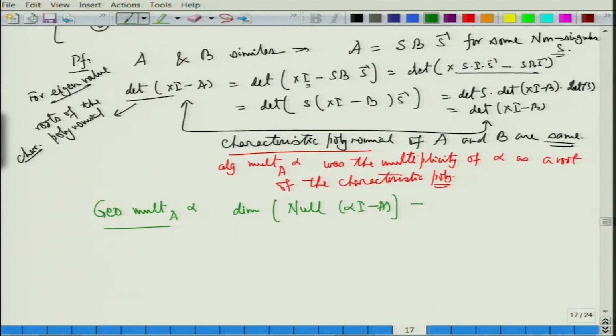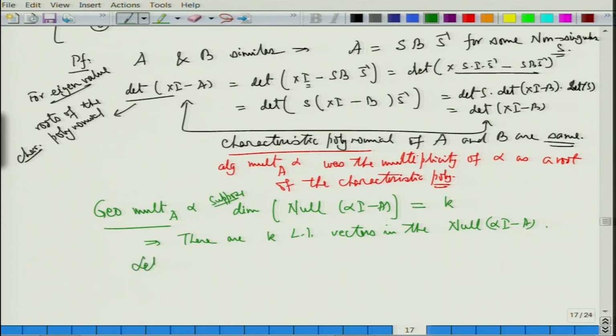Suppose the dimension of this is k. This implies I can choose a basis, so there are k linearly independent vectors in the null space of alpha I minus A.